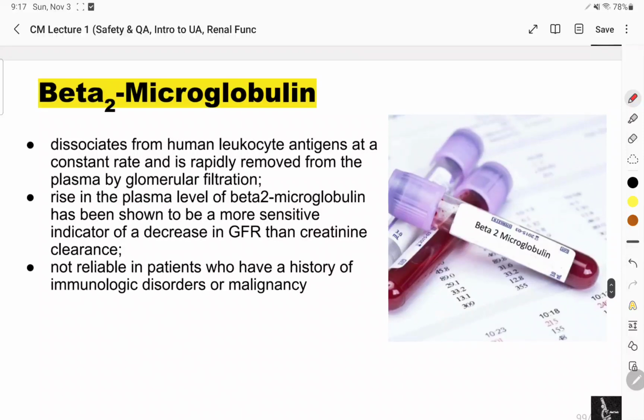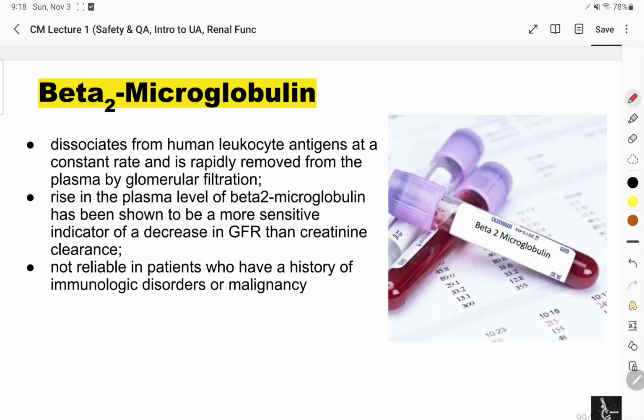What about your beta-2 microglobulin? Your beta-2 microglobulin dissociates from your human leukocyte antigens, or your HLAs, at a concentrate. And it is rapidly removed from the plasma by your glomerular filtration. The rise of the level of your beta-2 microglobulin in the plasma is a more sensitive indicator of a decrease in GFR than creatinine clearance.